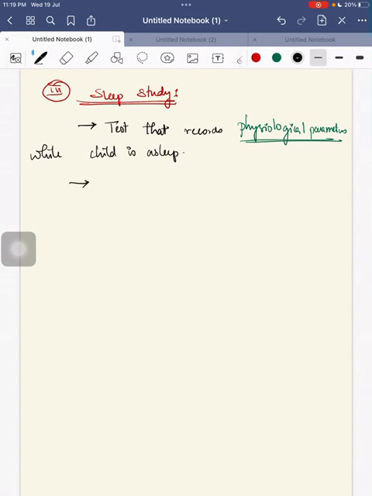A good sleep study should have a total sleep time of at least 6 hours.